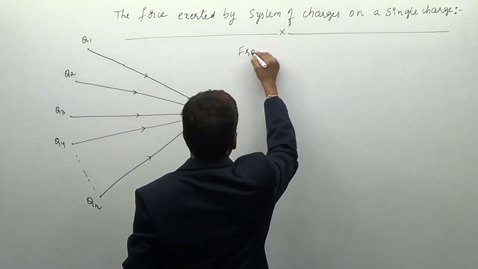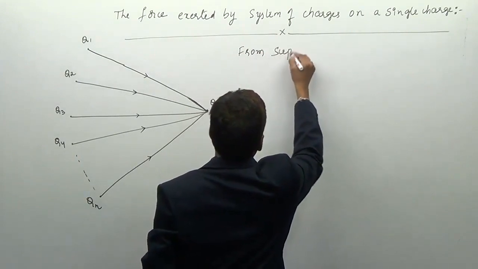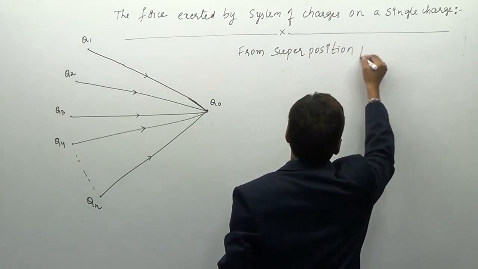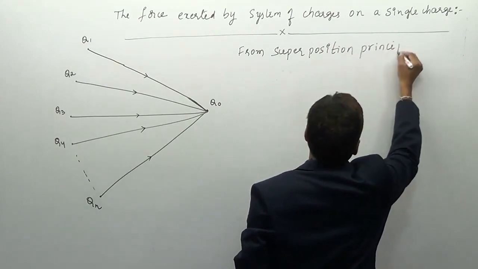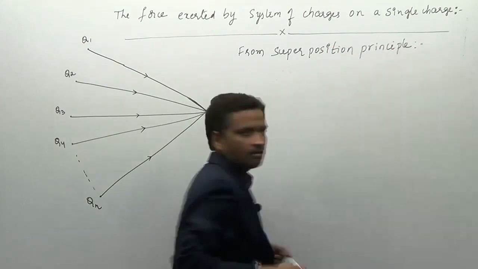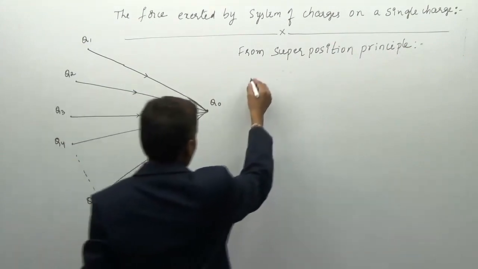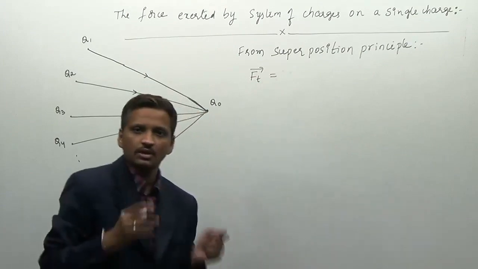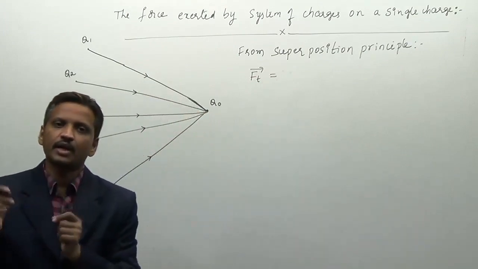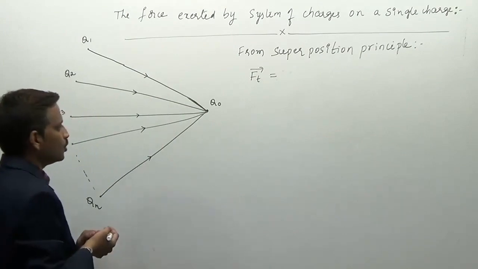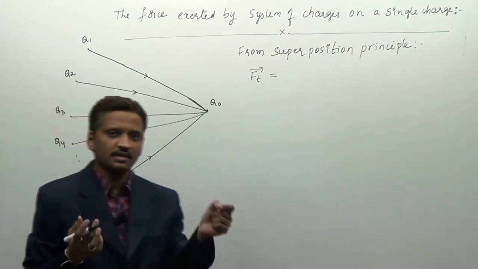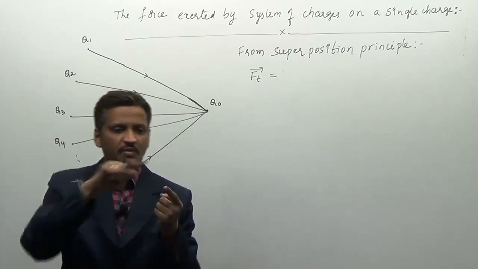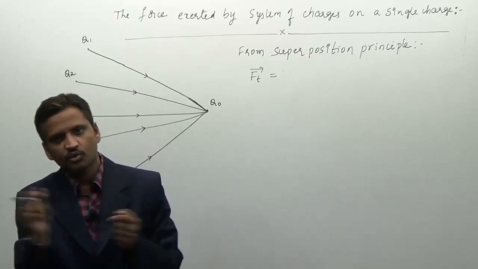So from the superposition principle, we can write the total force on Q0 as the sum of the forces exerted by individual charges. But how can we denote those? Previously, the force exerted by Q1 on Q2 was denoted by F12, that means the first charge exerting force on the second charge.